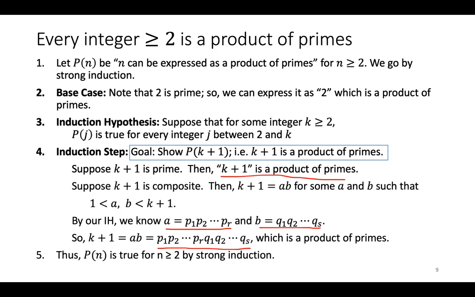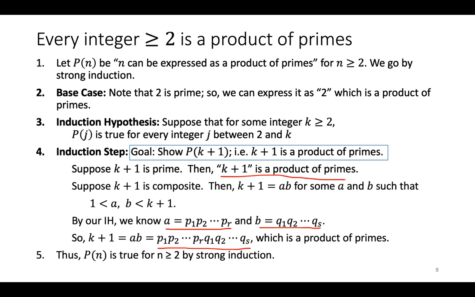If that is composite, then we can assume that it will be a product of two numbers, and we already know about this, they will be a product of primes because there is the sequence before this. We don't know, that will be k minus 1 and k minus 2. There is a number before this k plus 1 that is the product of primes.